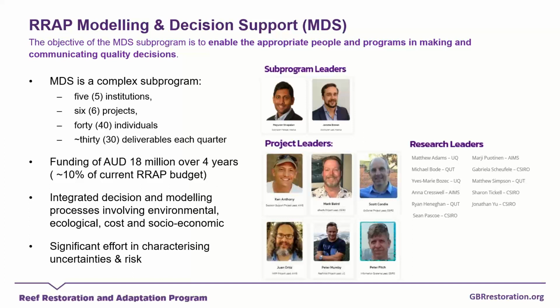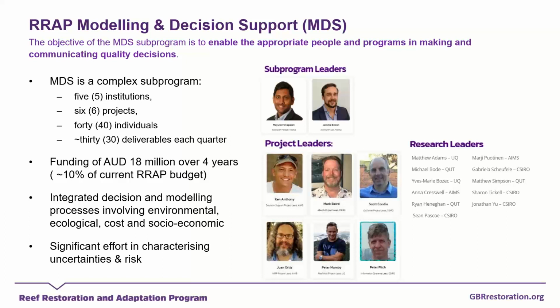The modelling and decision support sub-program is a section of the Reef Restoration and Adaptation Program that Mayuran and I are lucky enough to lead. Essentially, the objective of it is to enable the appropriate people and programs in making and communicating quality decisions. So it's a very complex sub-program. You can see many of the senior leaders of the sub-program here. It's coordinated across 5 institutions. There are 6 major projects within it, about 40 individuals, scientists, engineers, including software engineers, and about 30 deliverables each quarter.